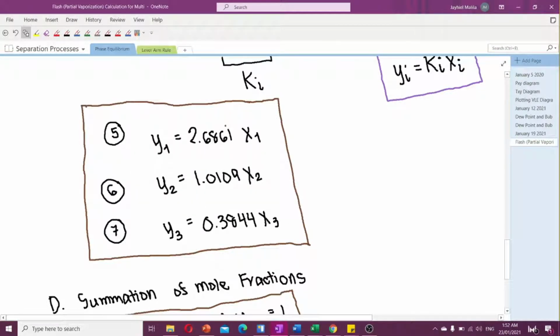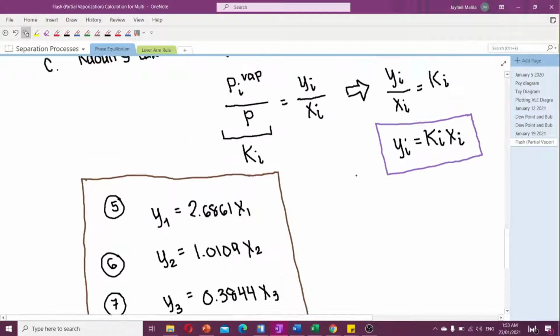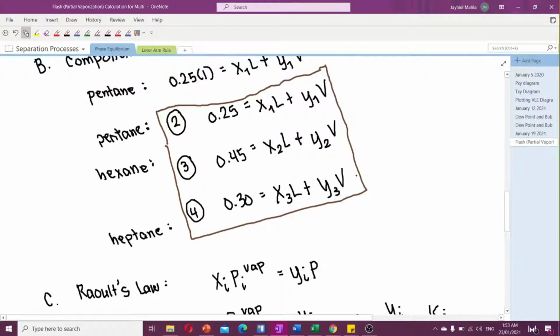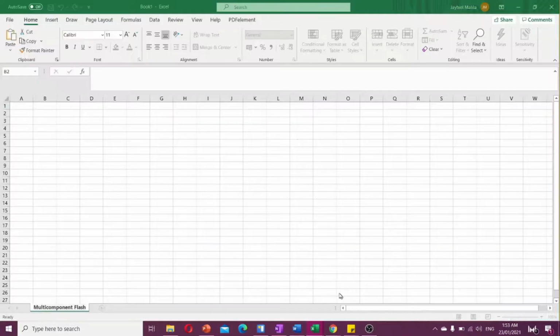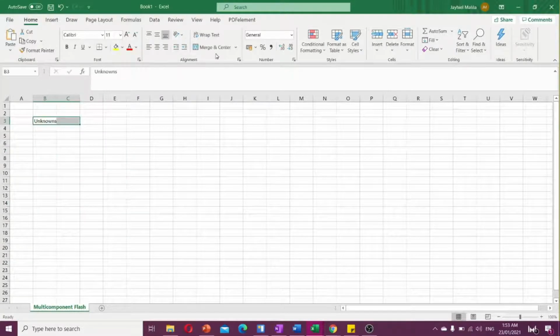Okay. So we are already established with the equations for answering the multi-component flash distillation. How are we going to do this in Excel? Of course, we need to plug in the unknowns. Just type the cells for the unknowns.